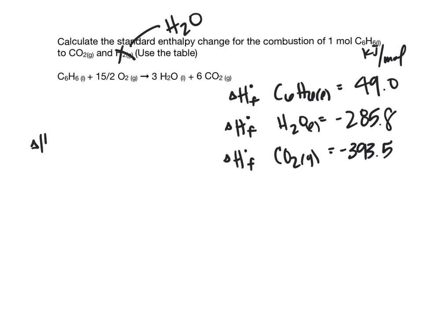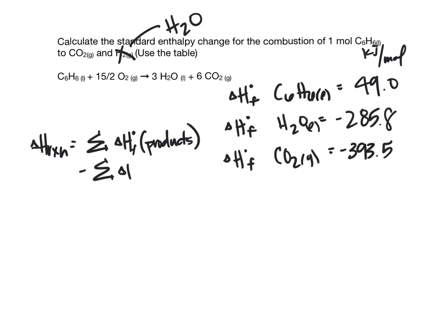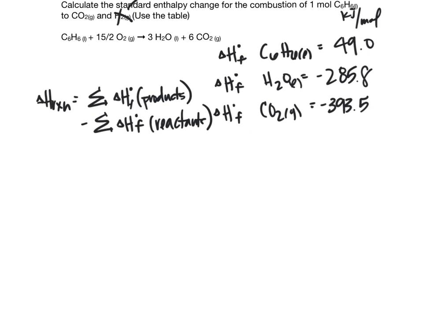So we have delta H reaction equals the sum of the delta H naught F for the products minus the sum of the delta H naught F of the reactants. So let's start looking at that information.